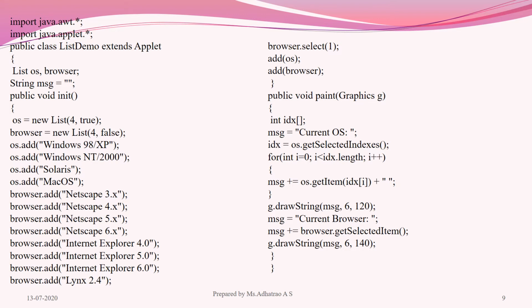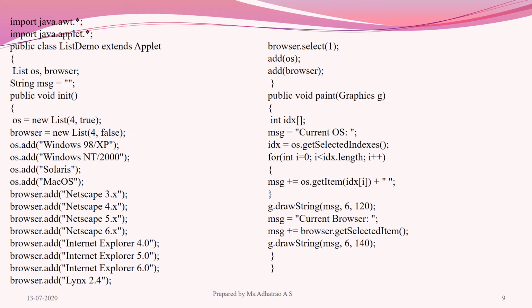Here I am going to add the objects of my list to the applet by using the add method. There is one statement, browser.select(1), which means that the item indexed at position one is going to be selected.